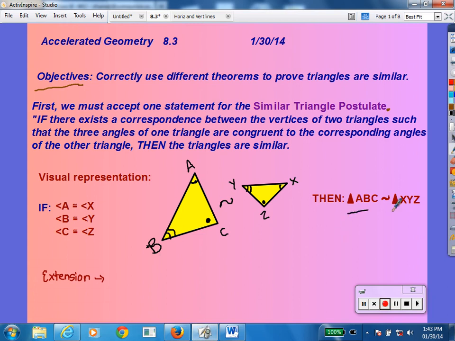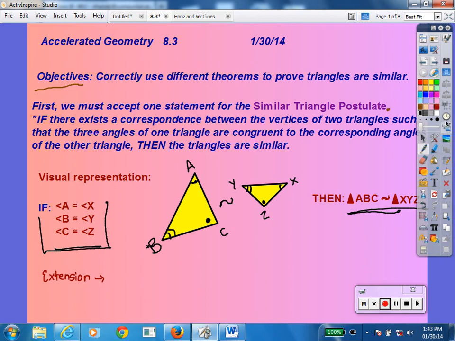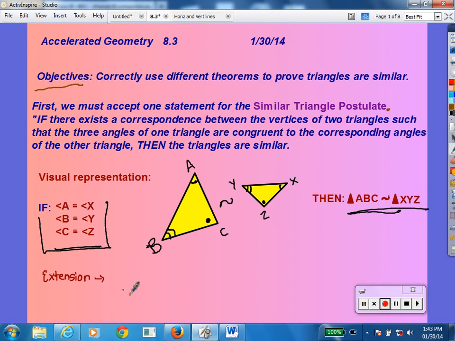Okay, so we can say this if this is the case. Here's our if. If the corresponding angles are congruent, then the triangles are similar. Okay, so here's a little extension of this.